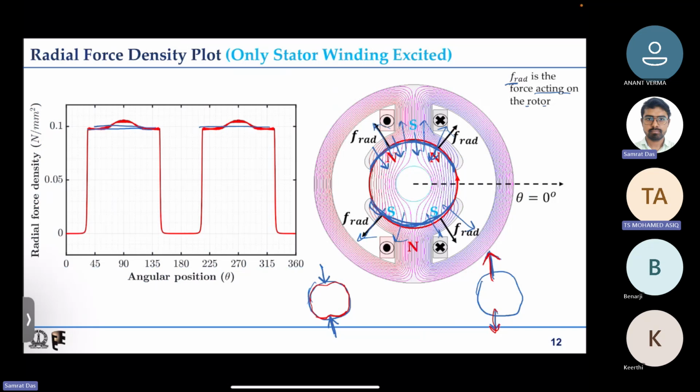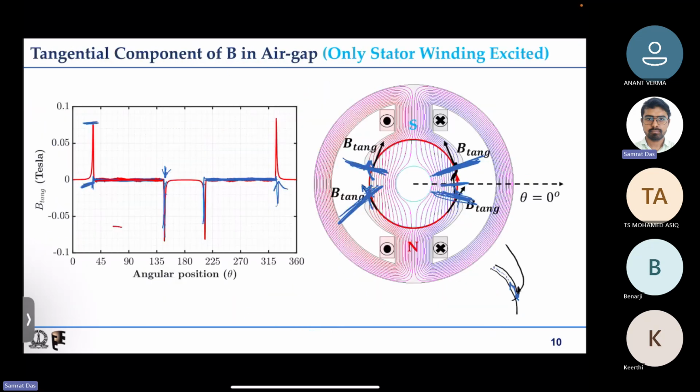But in the graph, you have shown only 0.1, because you have taken mm squared. So that will give the value in Newton per meter square. If you change the unit to Newton per mm square, then you will get these values. What are the values here? It is some 0.07. Earlier one was 0.5. This is some 1 by 4 pi into 10 to the power minus 7.